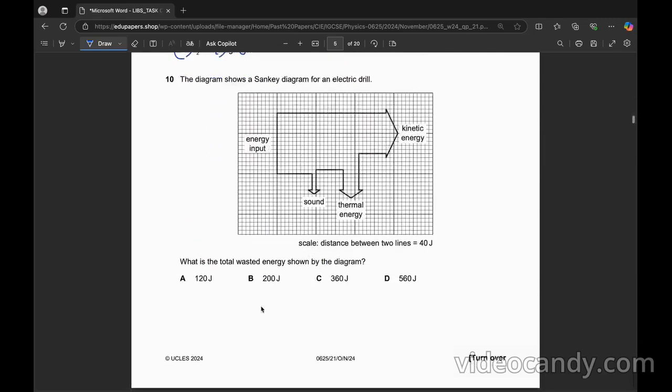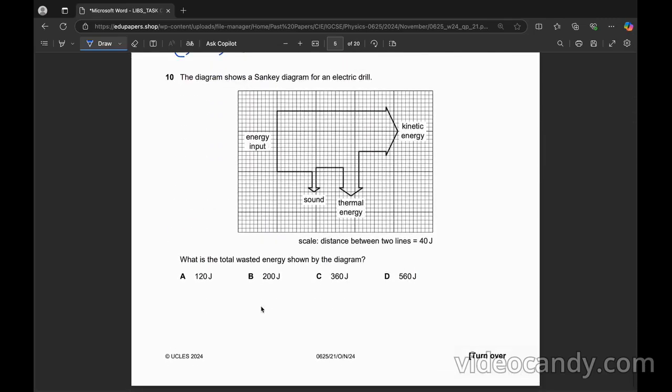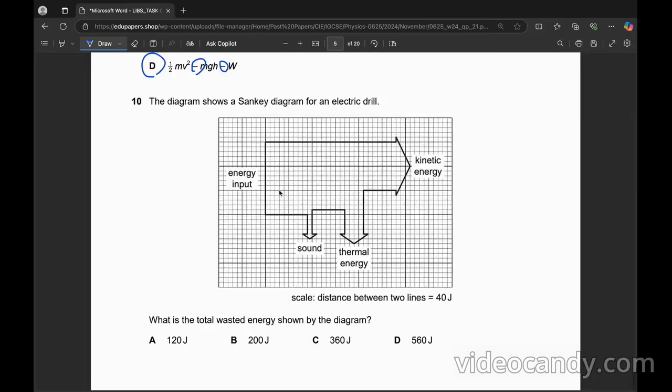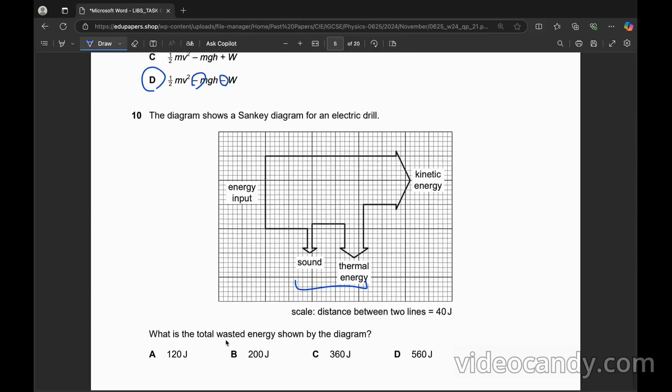Number 10, the diagram shows a Sankey diagram for an electric drill. What is the total wasted energy shown by the diagram? So here you see a Sankey diagram, and these two are just wasted energy, right? Because the arrows are pointing downwards, and this is useful kinetic energy, and it wants the total wasted.